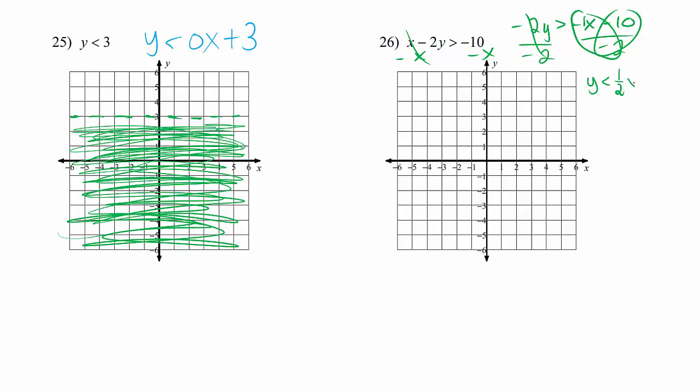Negative 10 over negative 2 is a positive 5. We're going to put a dot at 5, go up 1 over 2. And dash, because it's not equal to. And then it says less than, so we're below.